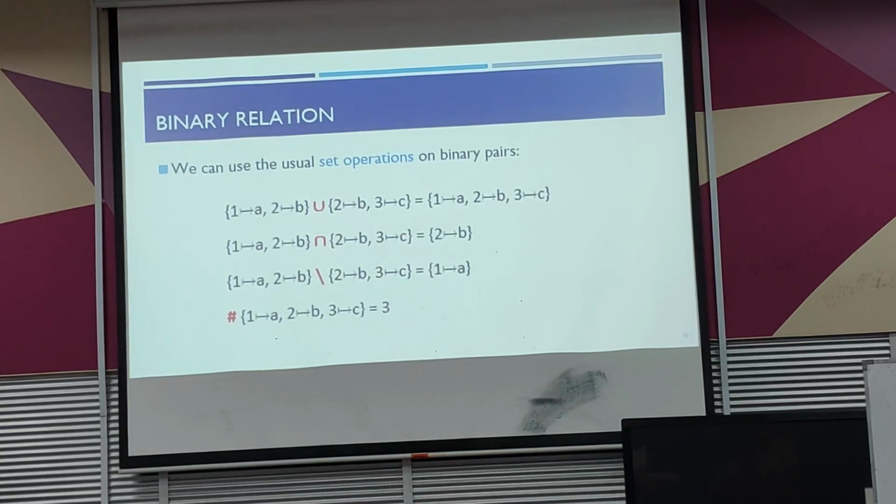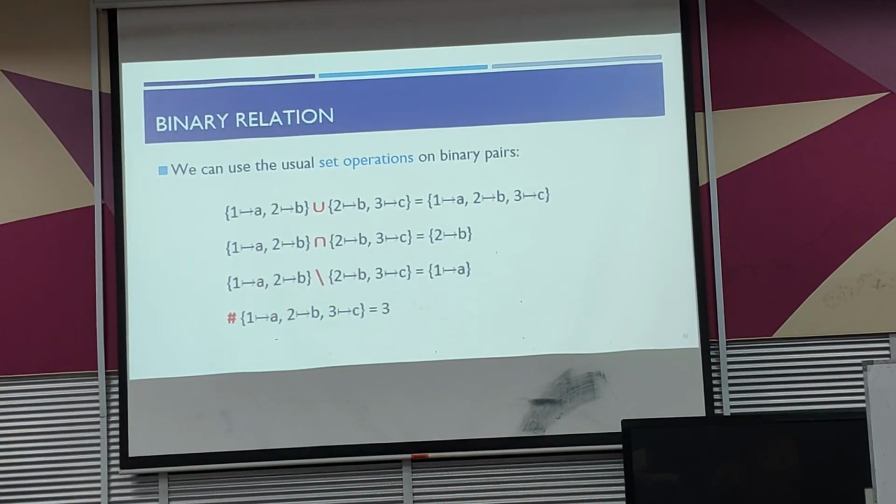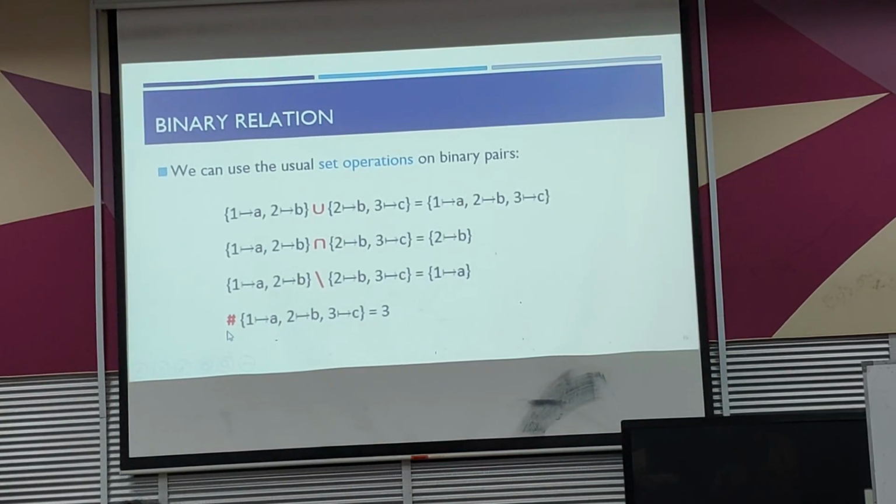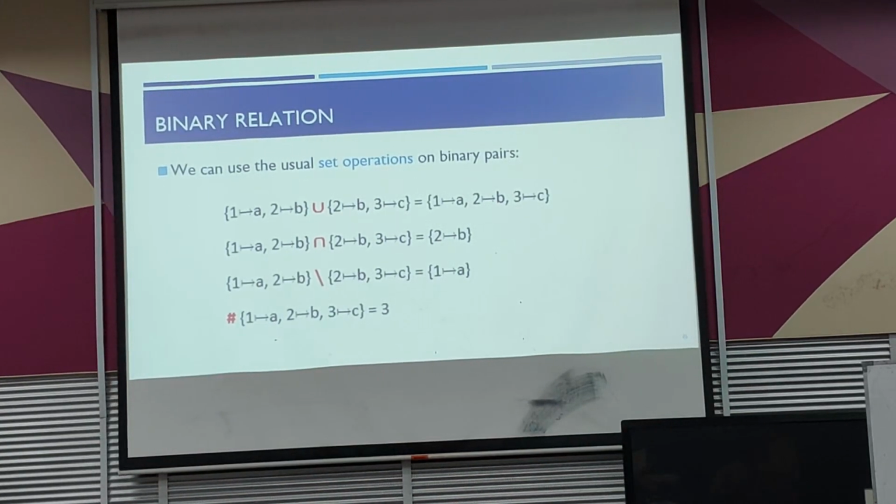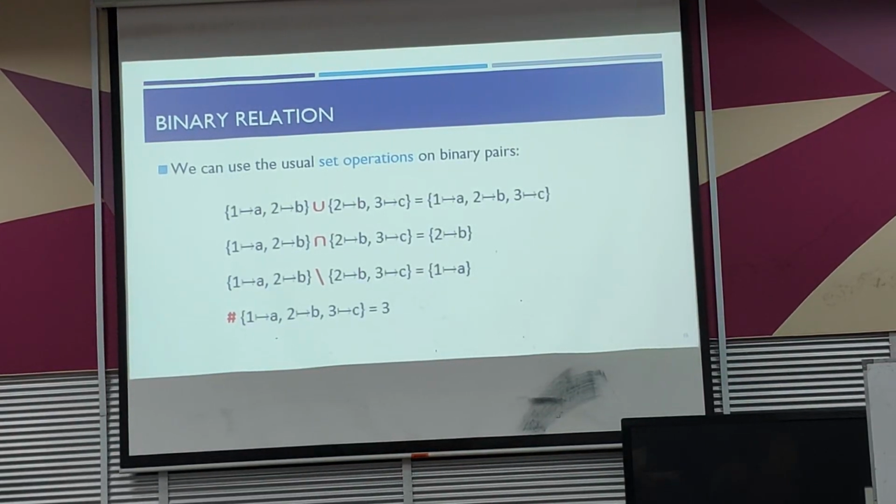So you have to remember the symbol only. Same thing for binary relation. You are going to use this symbol for update, for removing, and so on. So you can use union, intersection, backslash, whatever that you have learned previously. The concept will be the same. If you want to add the record or the data, you use union. You want to remove the data, you use backslash.